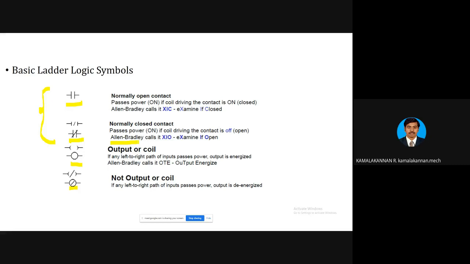In ladder logic, there are many different variants. The most commonly used is Allen Bradley. So we will see programs according to Allen Bradley, according to these symbols and notation. It is commonly used. That is why we are going that way.